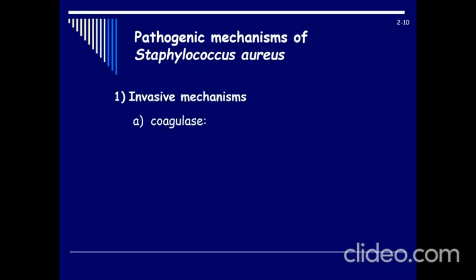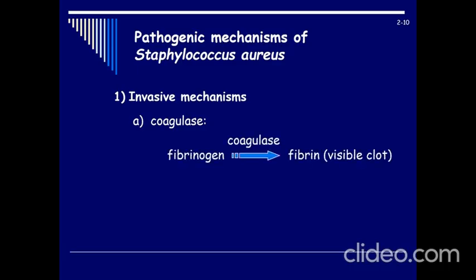The first one in this list that we have talked about already as the coagulase test is coagulase. And again, this takes fibrinogen, and if the coagulase enzyme is present in that organism, it will turn this into a fibrin clot. So a visible clot will be seen. Now, this is also called clumping factor.